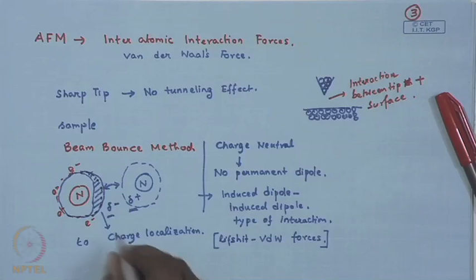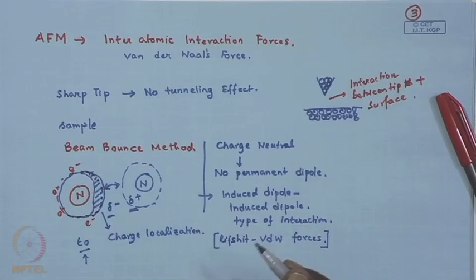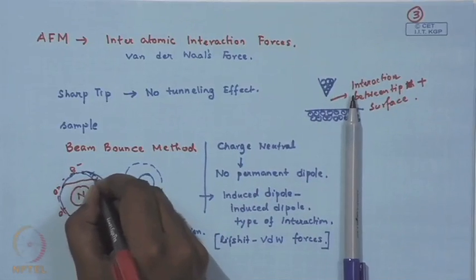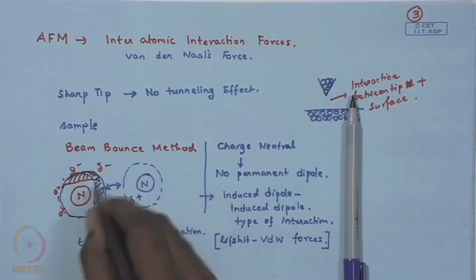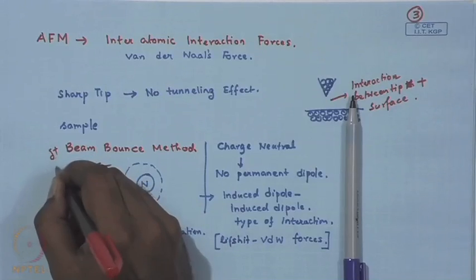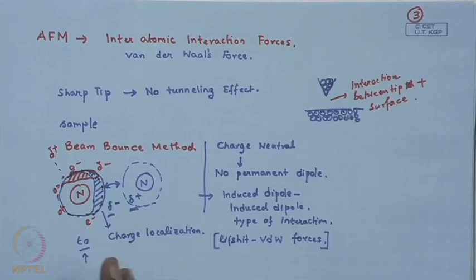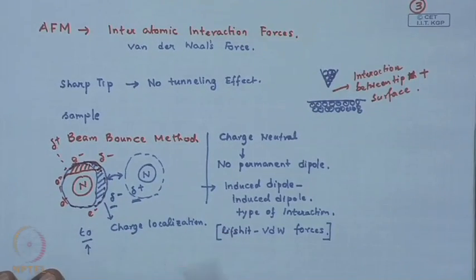Now, at the subsequent instance, the position of this localization changes. So, this is now localized here, and it induces a charge over here. Though the overall nature of the interaction is attractive, there is no physical attraction present or any bond formation, because the position of the charge localization changes with every instance of time, and therefore this attraction is dispersed over the entire bulk of the material.